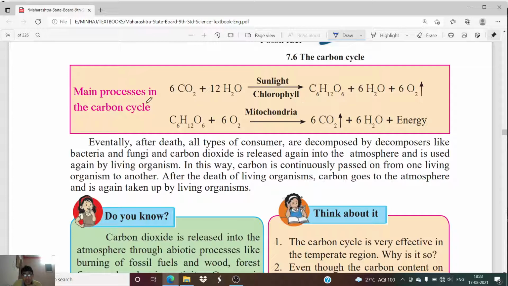In the equation you can see 6CO2. So 6 molecules of carbon dioxide react with 12 molecules of water, H2O, and whenever these two compounds react with each other in the presence of sunlight, we are going to get glucose, C6H12O6, as a product, and 6H2O, that is 6 molecules of water, and 6 molecules of oxygen, 6O2. And these 6 molecules of oxygen are going to be released by the plant.